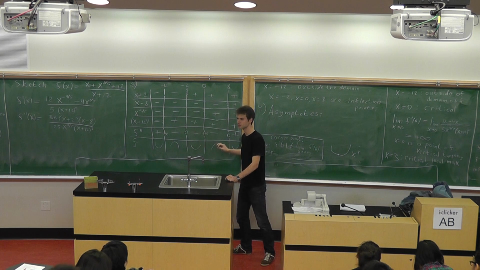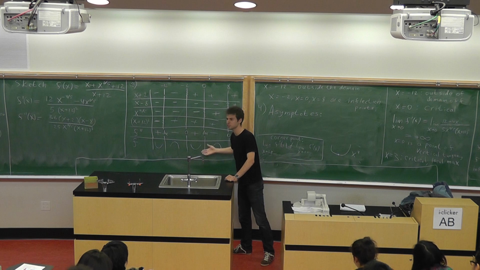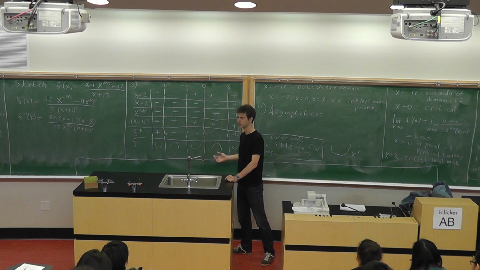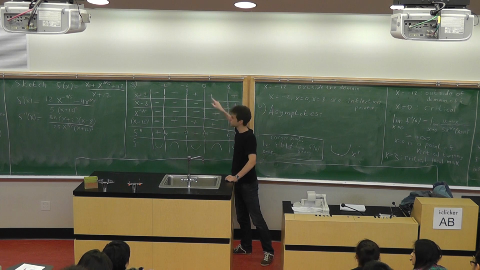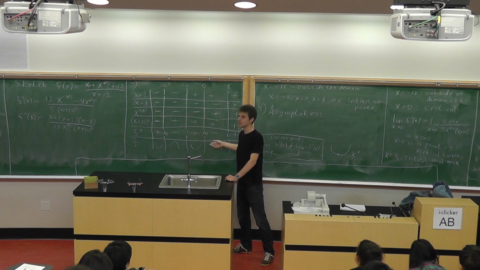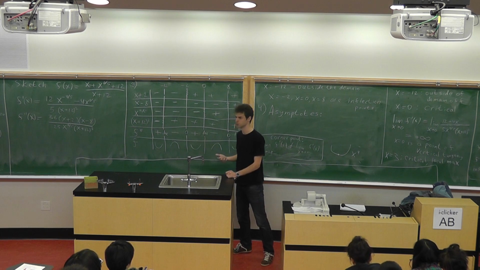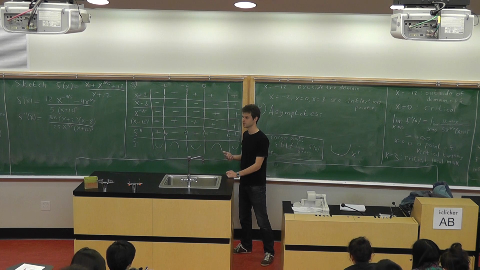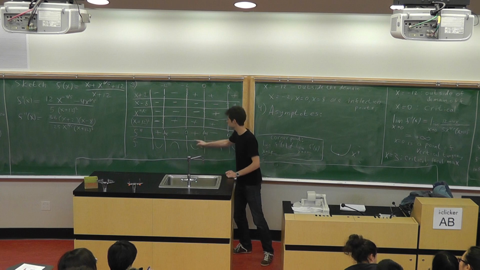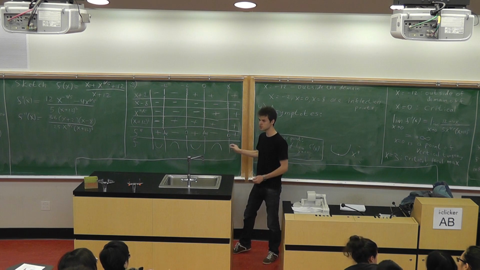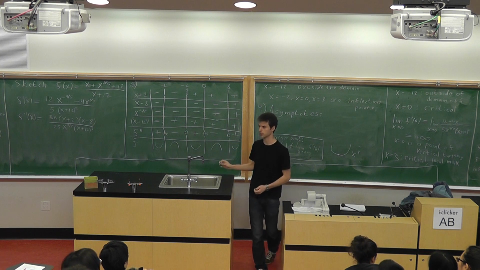Only this is a sure sign. The fact that the second derivative is 0 or doesn't exist only raises our suspicion that it might be an inflection point, but it doesn't prove it. The only thing which proves it is change of concavity. That's the definition of inflection point.